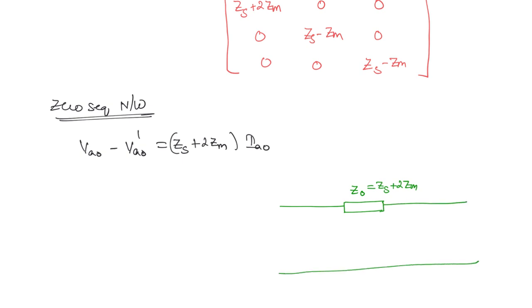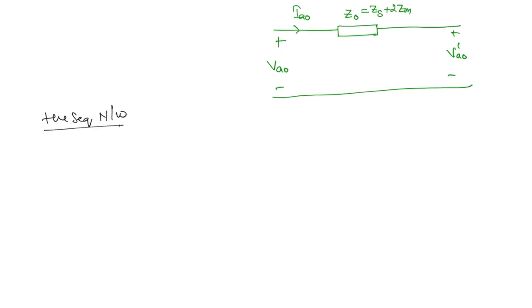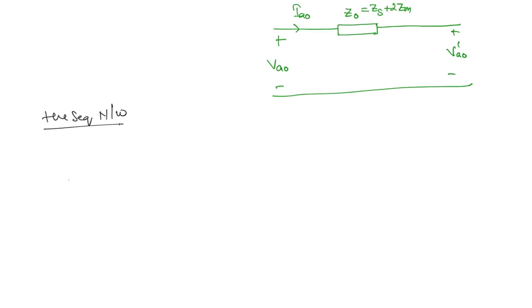Now what is the potential at the starting end? This is VA0, and this is the current IA0. And what about the voltage at the receiving end? VA0 dash. So this is the zero sequence network. Next we have the positive sequence network. Positive sequence and negative sequence networks are going to be the same.